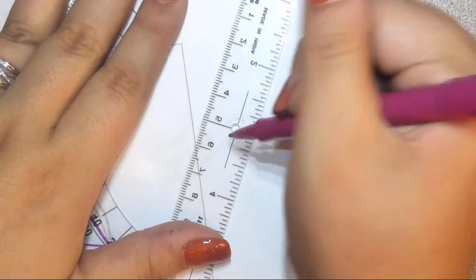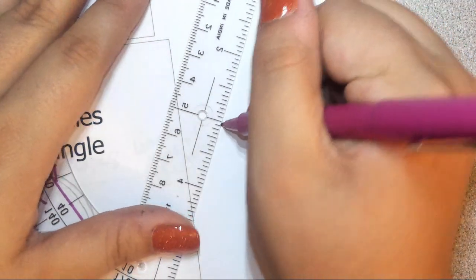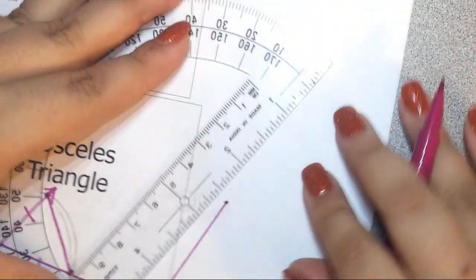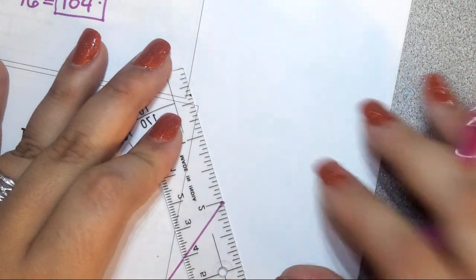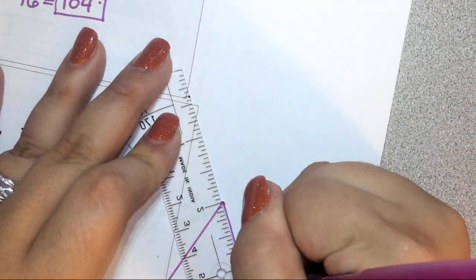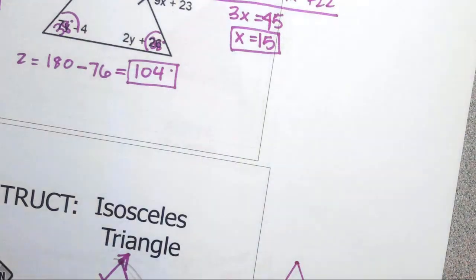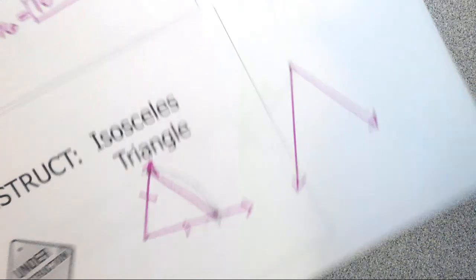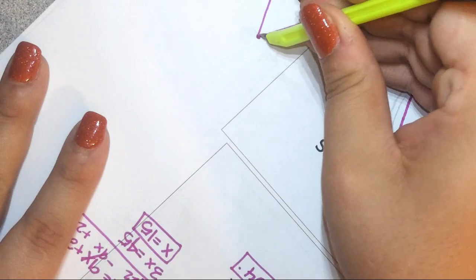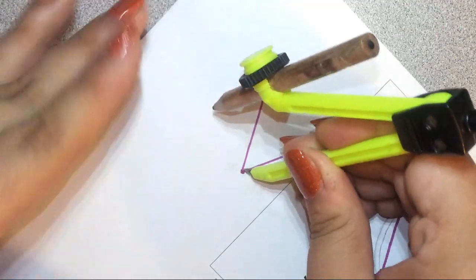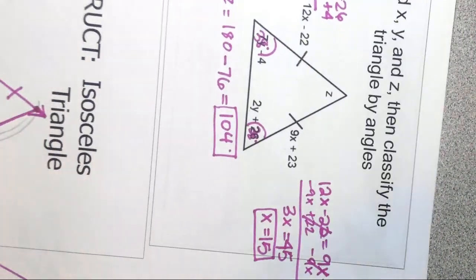Let me do another example. So, let me draw an angle. There we go. Let's see if I can draw the arc right this time. Okay, if I draw my arc. I'm going to draw an arc. There we go.